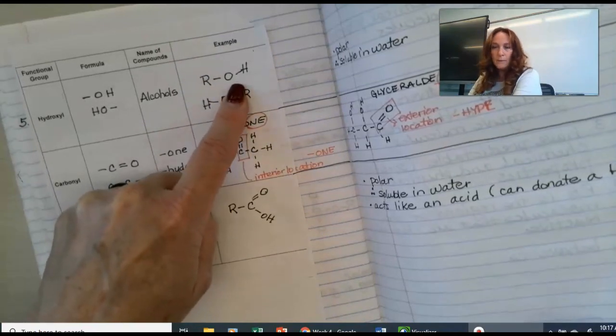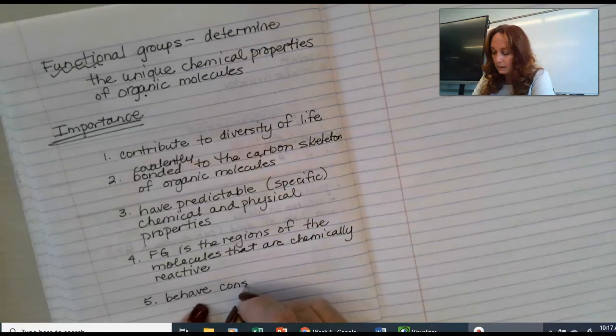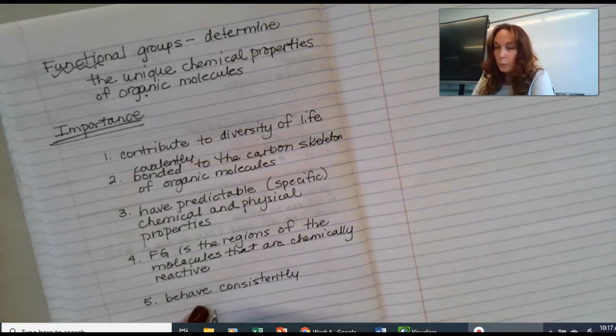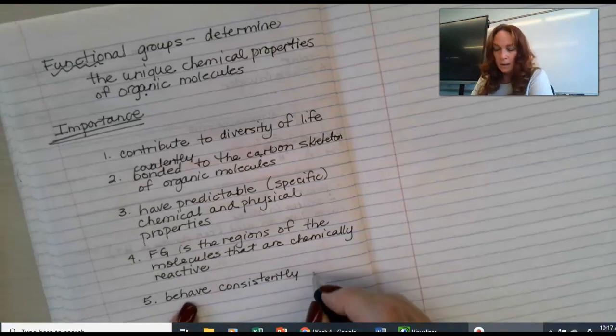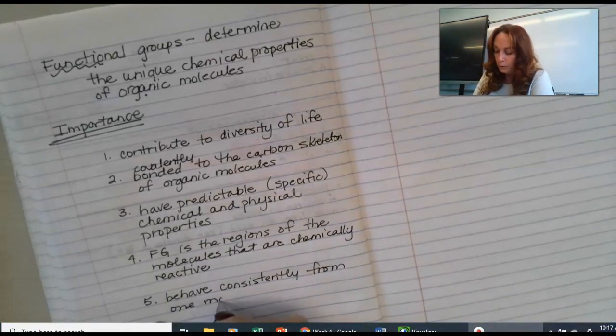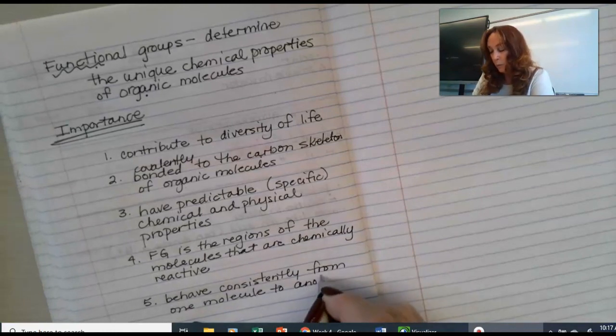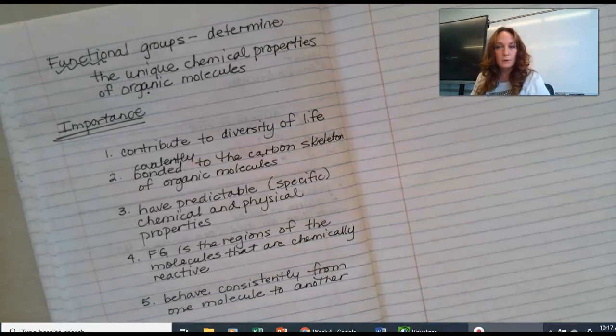That part of the molecule will behave the same. So it behaves consistently, predictably, from one molecule to another. Doesn't matter what it's attached to. Good deal?